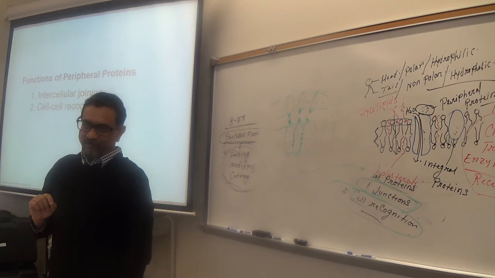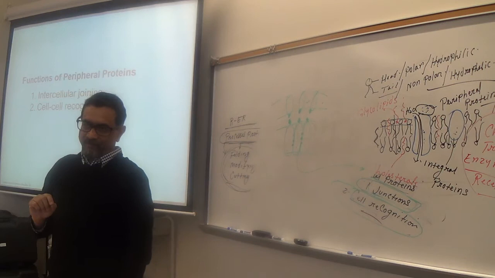If I ask you in one sentence, tell me the structure of a cell membrane. Phospholipid bilayer, in which proteins are embedded, right? How many types of proteins? Integral and peripheral. Remember the functions of both types? Peripheral: junction and cell recognition.